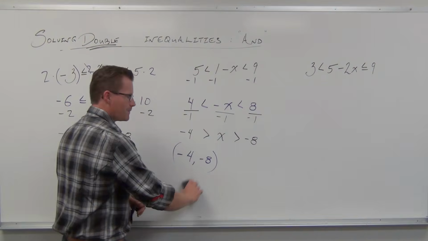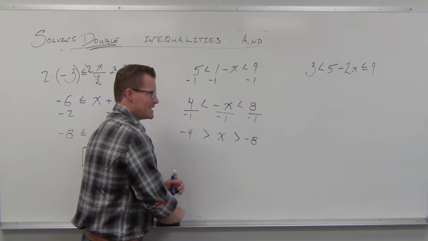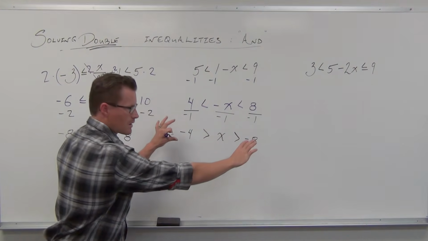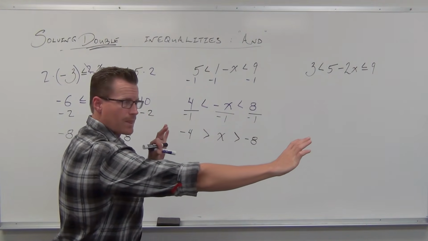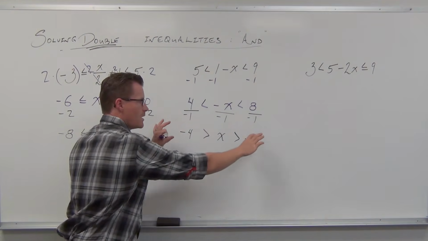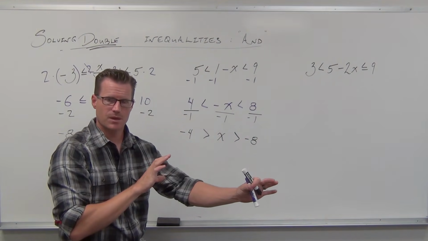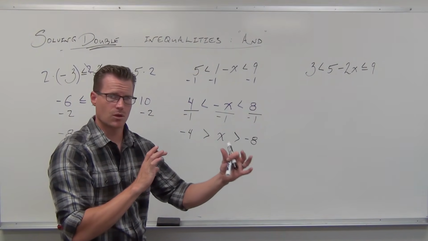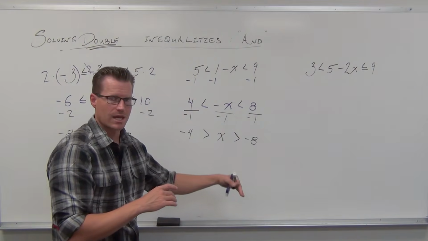So what's going to happen on your double inequalities is if you have to divide by a negative a little bit later, you're going to take your entire inequality, you're going to take it off the board, and you're going to flip it around. You can write it in the correct order. Inequalities must be written from smallest to largest for double inequalities in order to get our interval notation from smallest to largest. Do not go from -4 to 8.